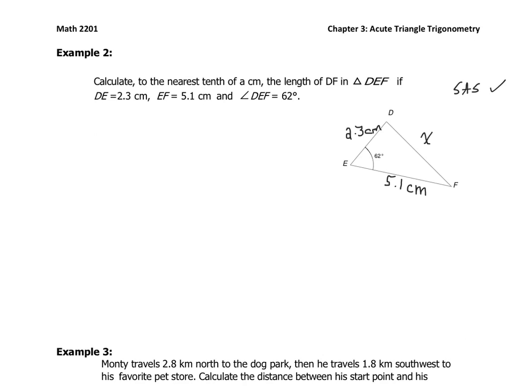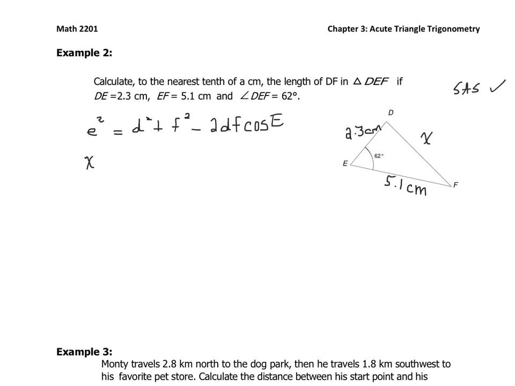So we are looking for, in this case, side e squared is equal to d squared plus f squared minus 2 times d times f times the cos of angle E. That's the angle in between the two sides you have, or across from the side you're looking for, whatever way you want to look at it.